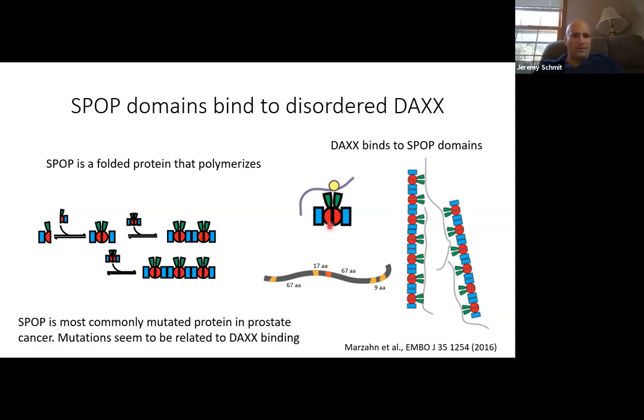Now, SPOP is an interesting protein biologically. It's the most commonly mutated protein in prostate cancer. A lot of the mutation sites seem to be associated with these green domains. So there's good reason to think that the binding behavior of SPOP and DAX, their ability to co-localize, might be playing a role in cancer progression.